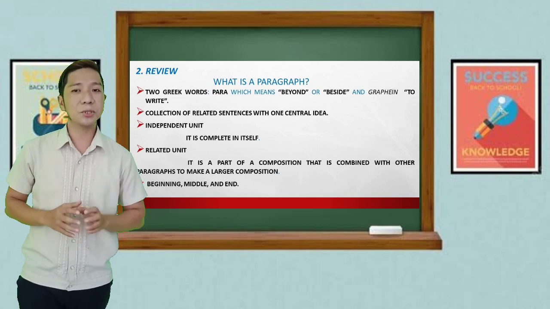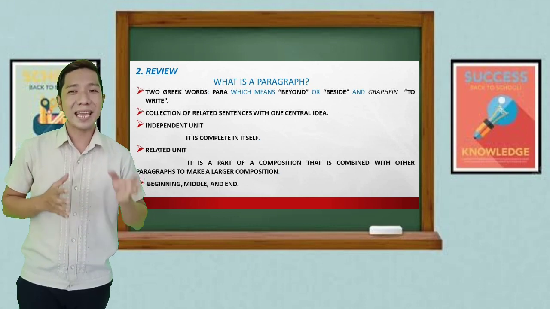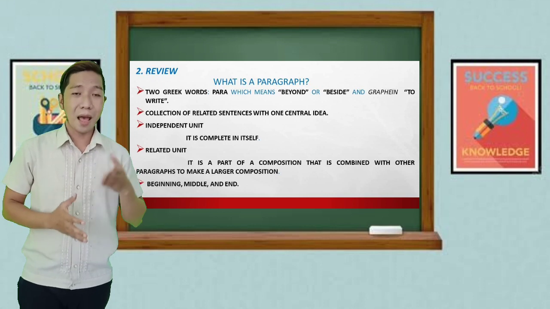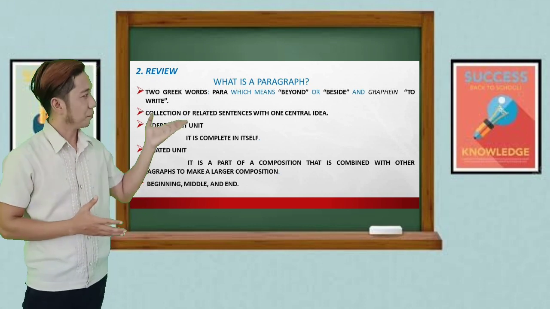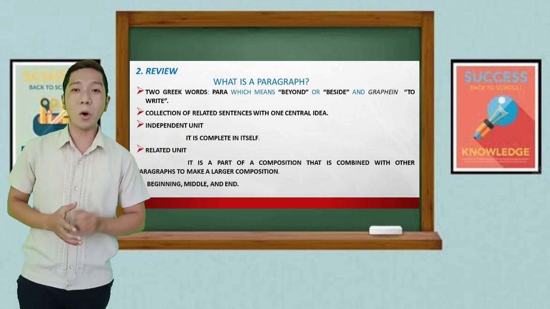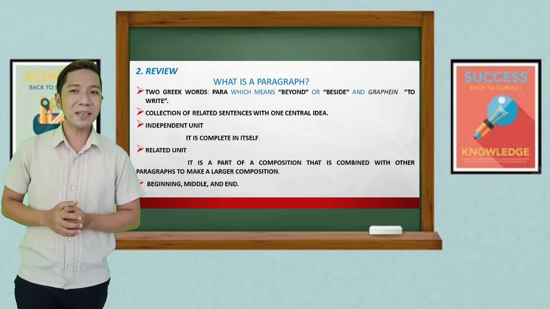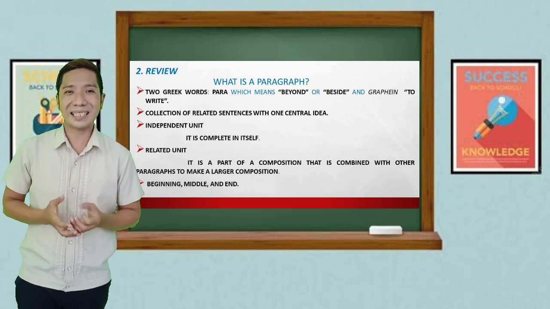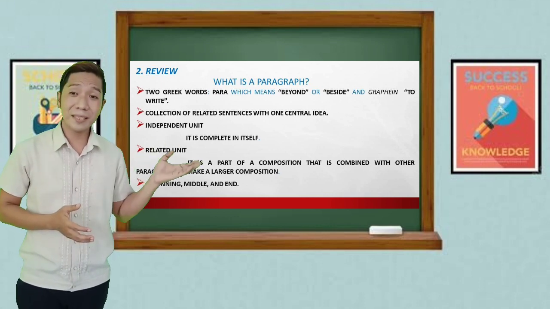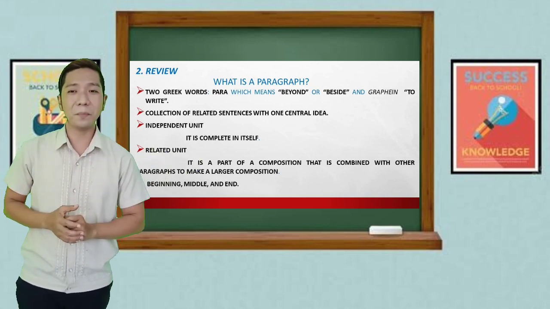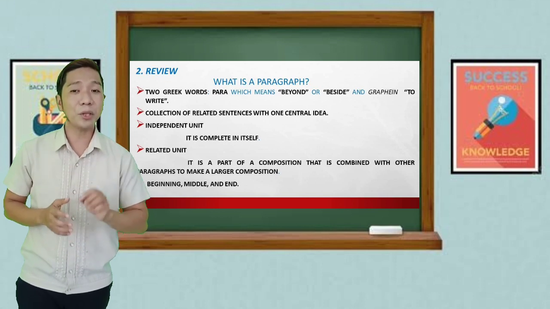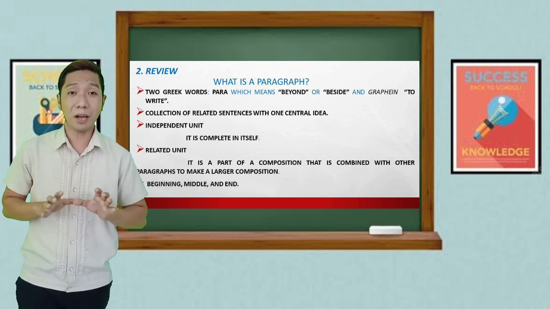Each sentence shows connection to the other sentences in the paragraph. A paragraph is an independent unit or a related unit. As an independent unit, it is complete in itself. And as a related unit, it is part of a composition that is combined with other paragraphs to make a larger composition.